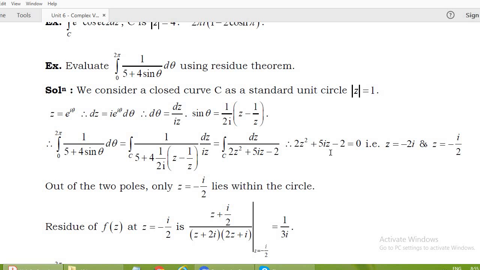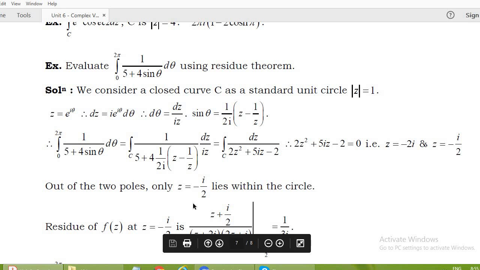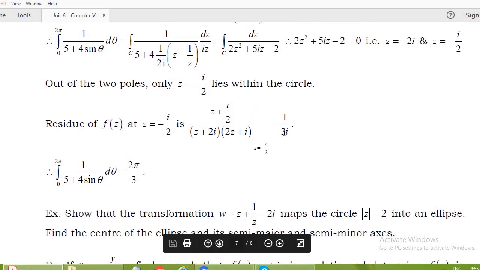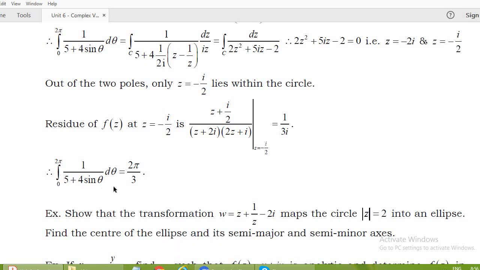And here, these are the two values of the poles. Out of these two poles only one lies within the circle, so we have to find the residue at this pole only. The residue of f(z) at that point is 1 upon 3i, and the integration over closed curve C of f(z) dz, that is the given integral, is equal to 2π upon 3.